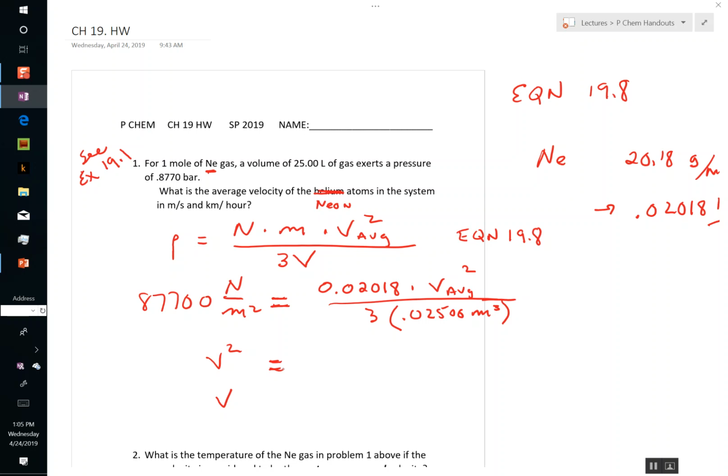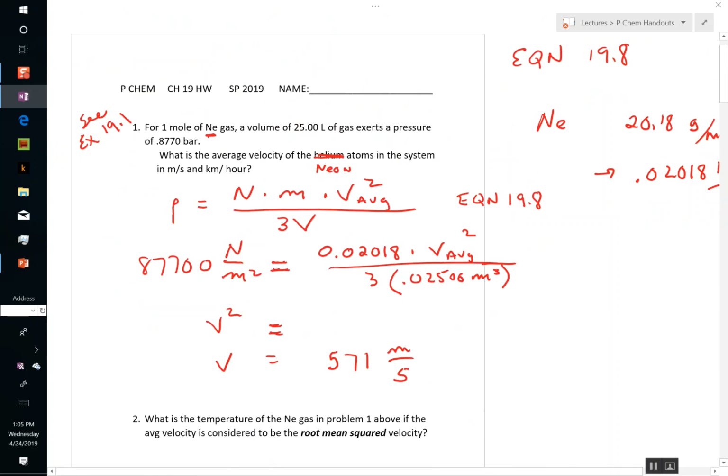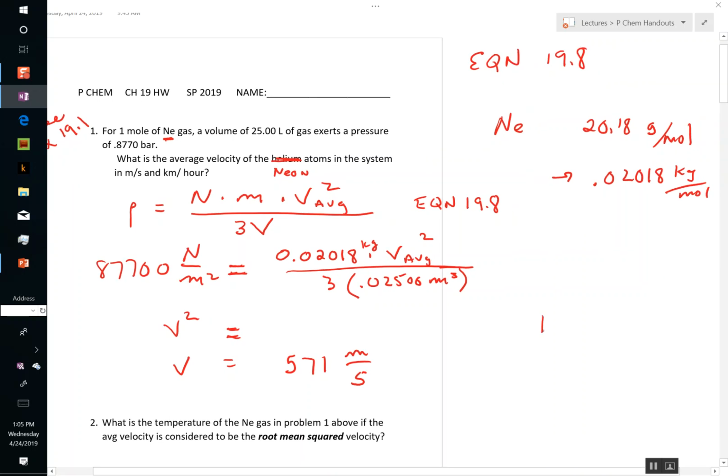Yeah, that's a good question, because we're going to get 571 meters per second out of this. This is kilograms. This is kilograms. And the newton is what? A newton is kilogram times meter per second squared, because force equals mass times acceleration, and acceleration is meters per second squared.